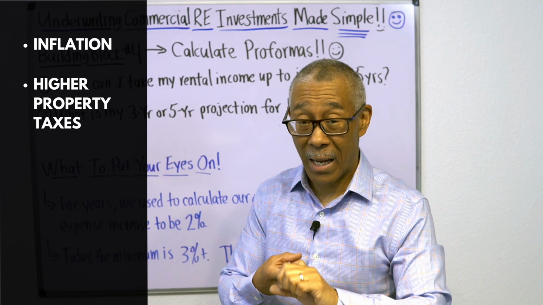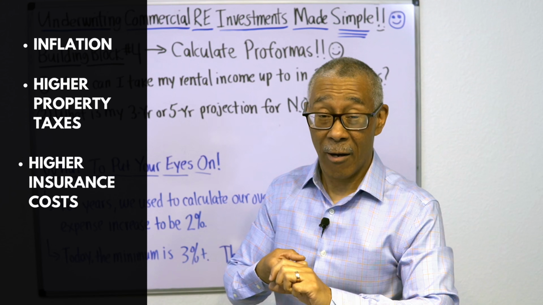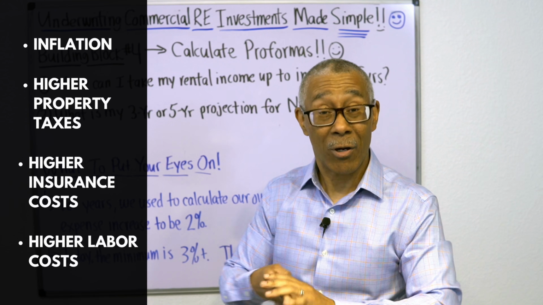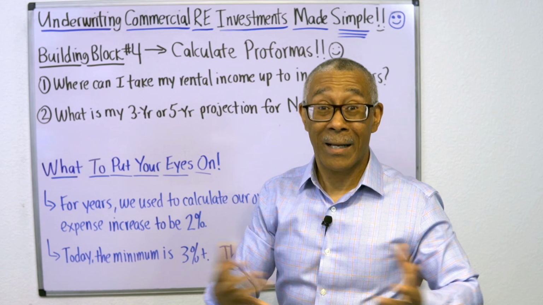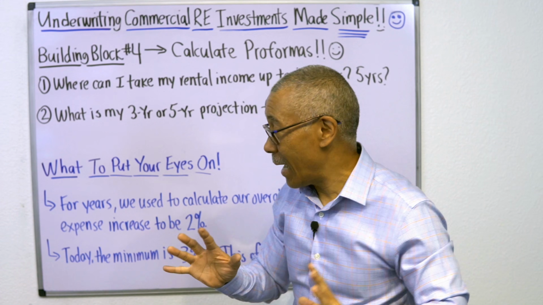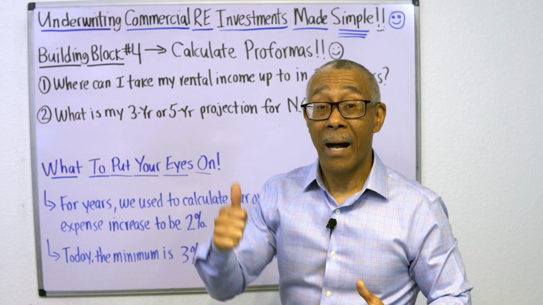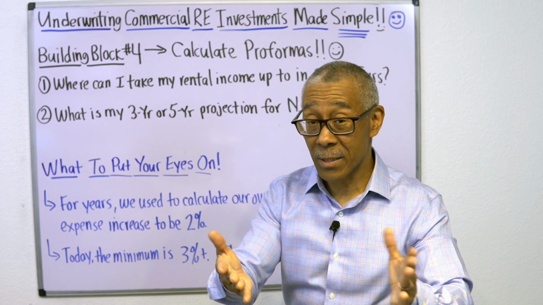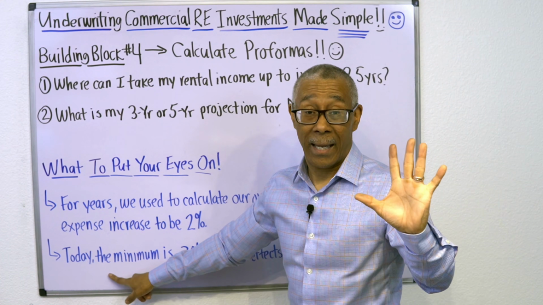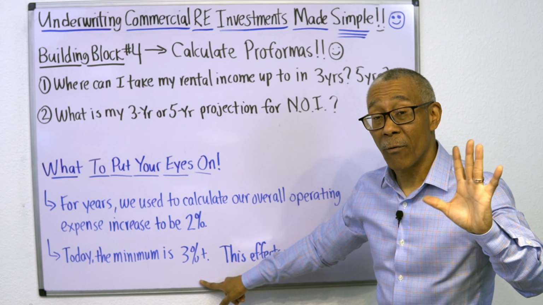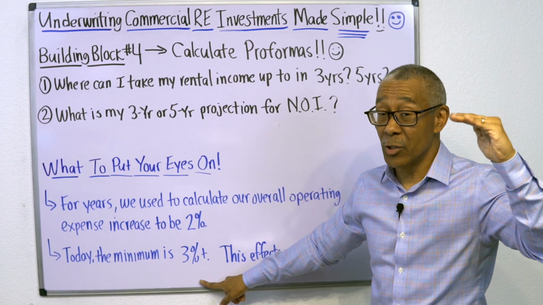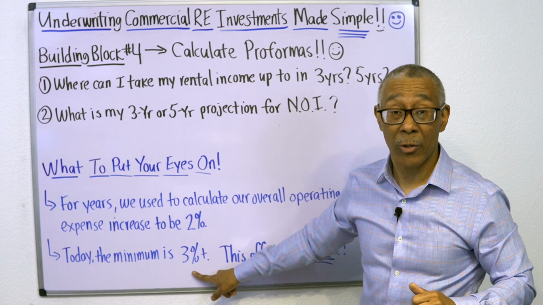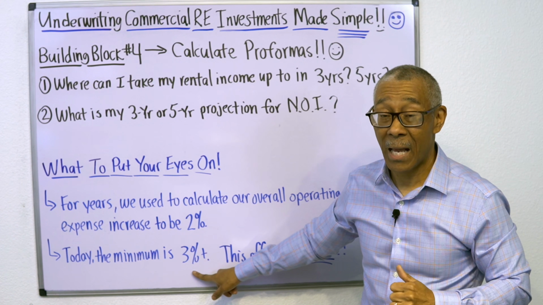Inflation, higher property taxes, our insurance has tripled, labor costs have gone up. We're kind of out of control here, right? So we have to accommodate our underwriting for that occurrence. Today, the minimum overall annual increase is no longer 2%, it's 3% or more. It just depends on what's happening on the property.